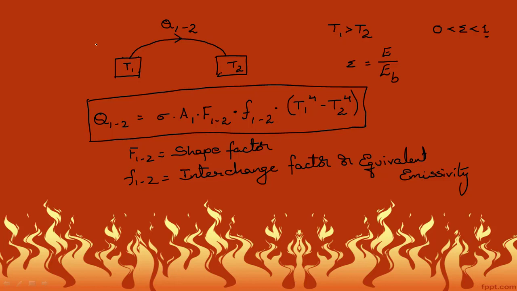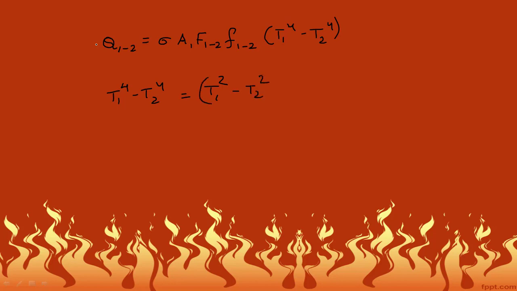Now, let me write this heat transfer equation like this: Q is equal to sigma A1 capital F1 to 2 small f1 to 2 into T1 power 4 minus T2 power 4. Let me write this T1 power 4 minus T2 power 4 like this: T1 square minus T2 square multiplied by T1 square plus T2 square.